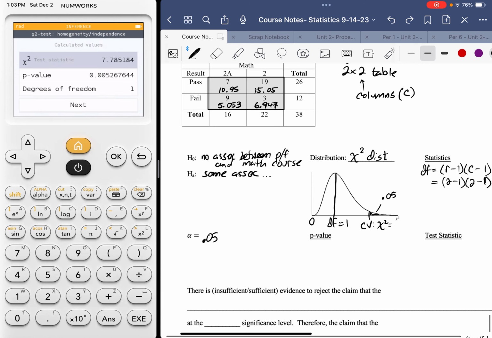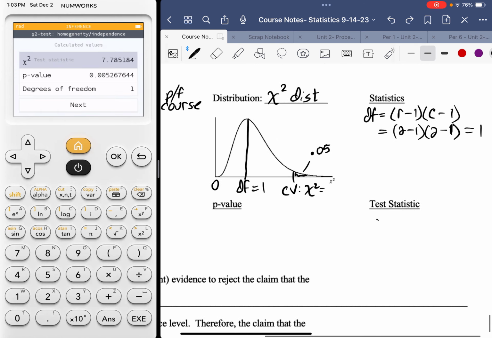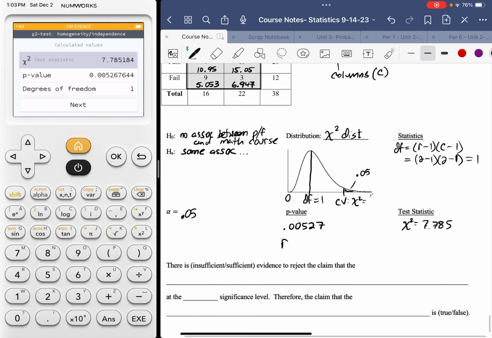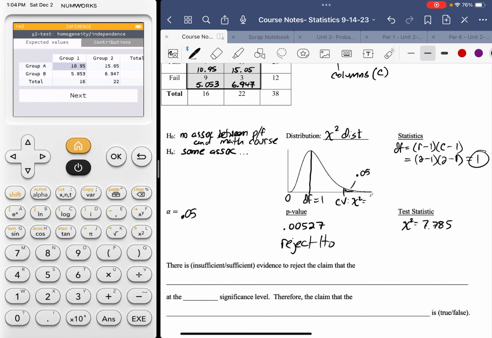My chi-square test statistic is 7.785, p-value 0.00527. That's a very small p-value, so I'm going to say reject the null hypothesis. I do need this number, so we'll get that in a minute. Degrees of freedom 1, which is what we knew.